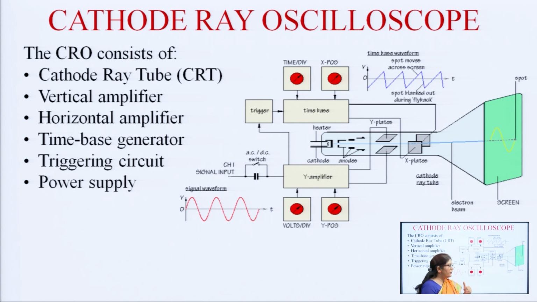Then in general, when the unknown signal appears at the Y plate, the leading edge of that signal is used to trigger the time base generator circuit.